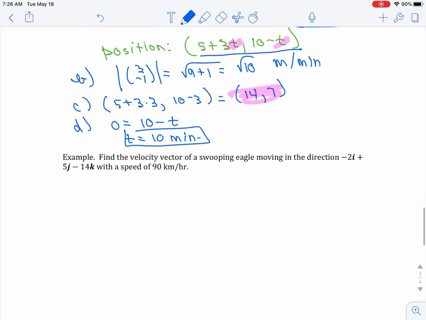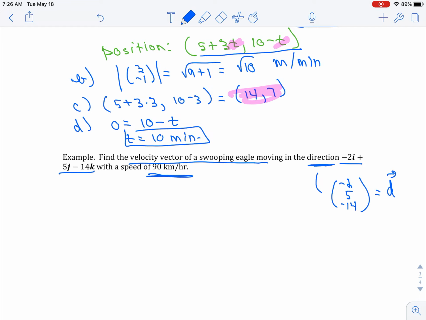I think we'll go ahead and finish this last example in this video. It says, find the velocity vector of a swooping eagle moving in the direction of the vector (-2, 5, -14), with a speed of 90 kilometers per hour. Remember, this is our direction vector, not necessarily our velocity vector.